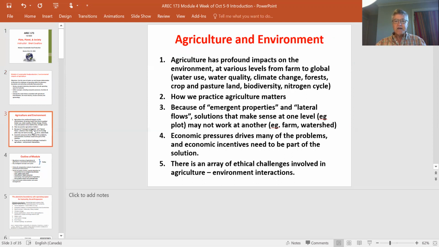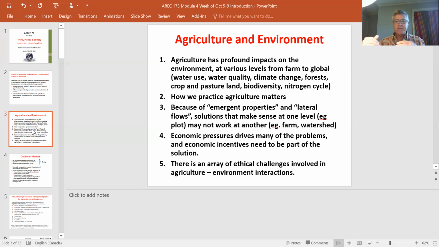Here are 5 takeaways that I hope you're going to get from this module, as well as many others. The first one is that agriculture has had in the past and continues to have massive and profound impacts on the environment at many scales, from plot scale or field scale or the garden size, right up to the global scale and everything in between.